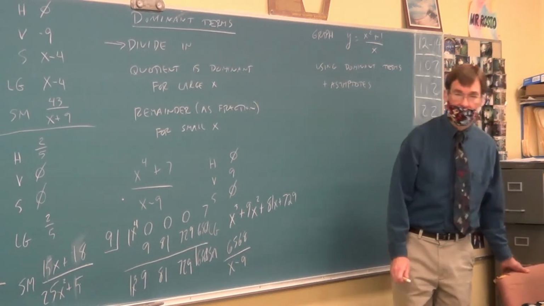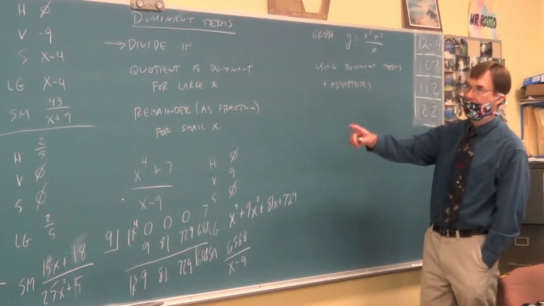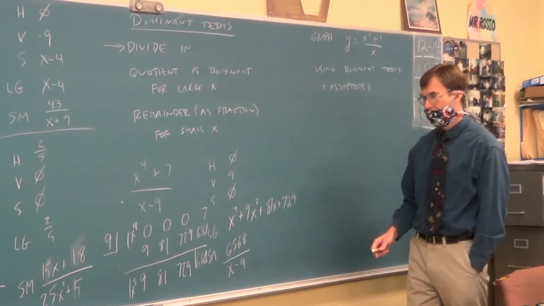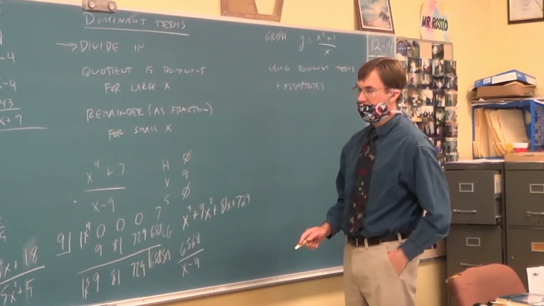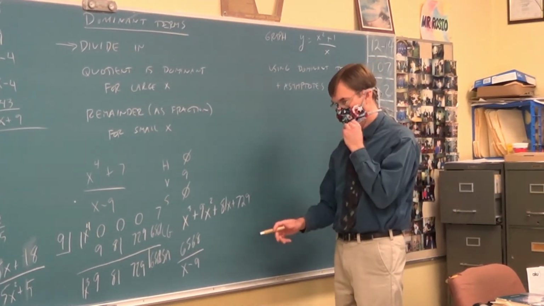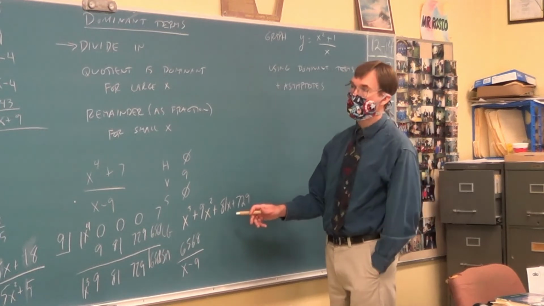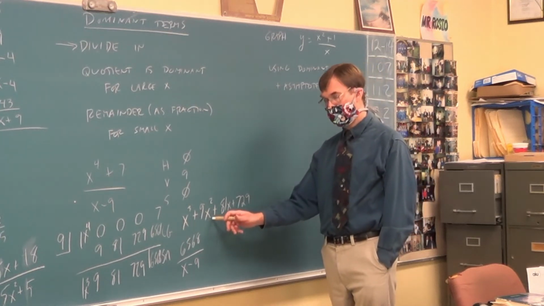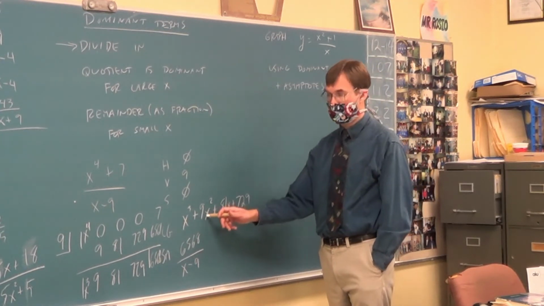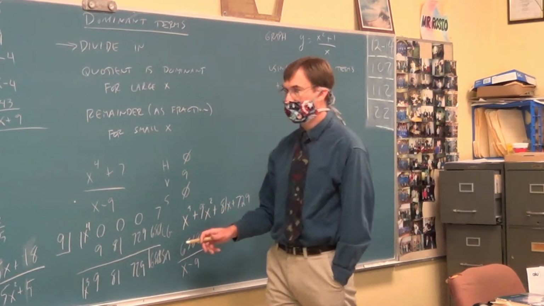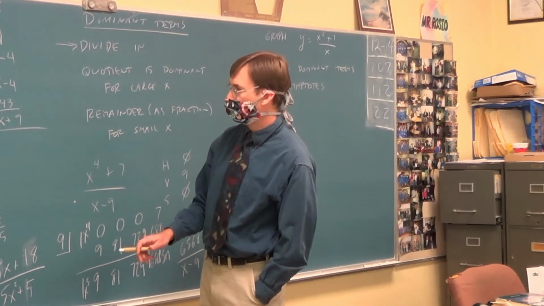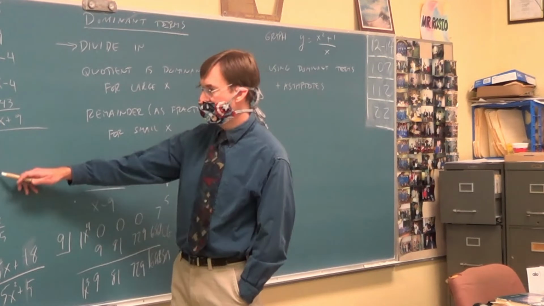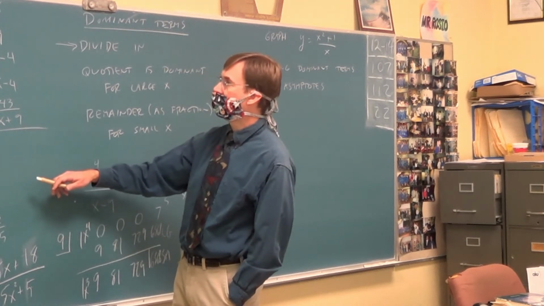One last tidbit. We're going to graph some of these. I'm not going to graph any of those. The only way we're going to find graphing that would be very helpful is if the dominant terms were graphable, and we have no idea what this would look like. So this dominant terms would not help us graph this one. We didn't get much information out of this, so that wouldn't be very helpful to graph.